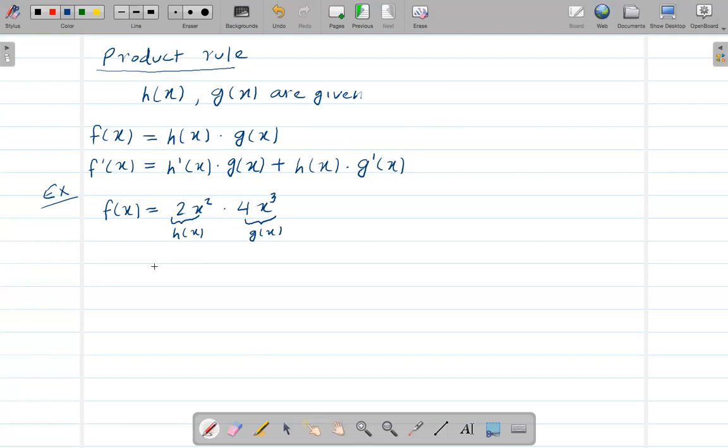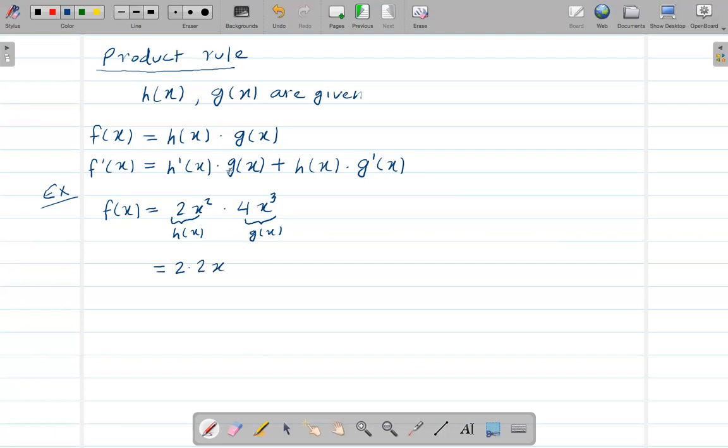So using the product rule, first we can take the derivative of one of these. Let's just take the derivative of 2x squared. When you take the derivative, the 2 will stay the same, and the derivative of x squared will be, we can bring 2 down here, and x to the power 2 minus 1 is just x, right?